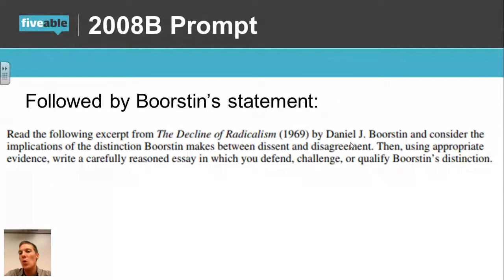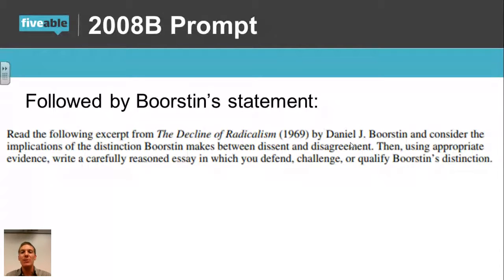The most nuanced writers often qualify, because qualifying means Boorstin's sometimes right, but sometimes wrong. Qualifying is great, but don't misunderstand what it is. Qualifying is not just saying, yeah, he's sometimes right and sometimes wrong. No, qualifying is saying this is exactly where I agree with Boorstin, and this is exactly where I disagree with him.